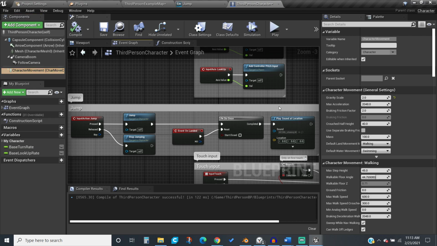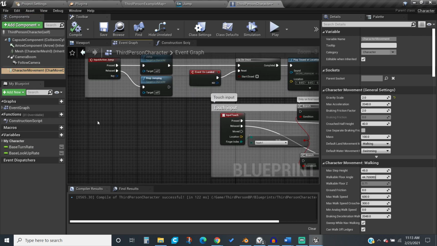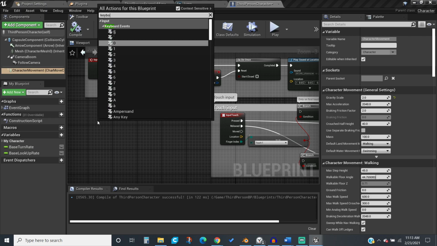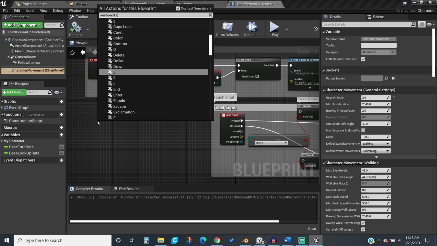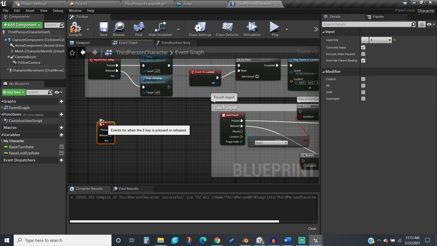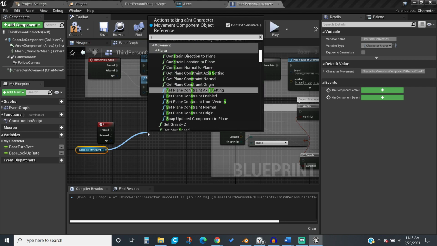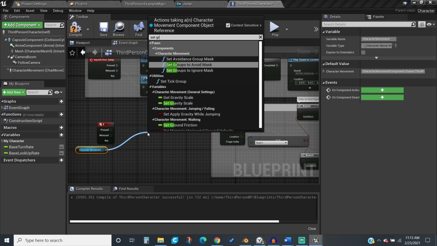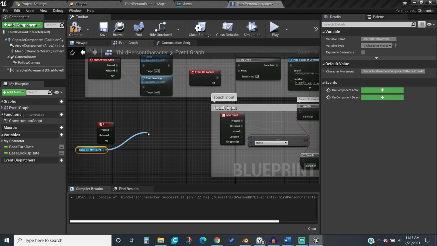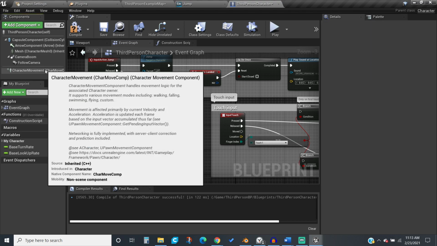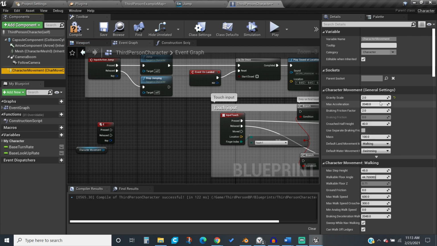And this can be called by, if we press keyboard E, the character movement, we can do set gravity scale, like that. Okay, and we can get gravity scale.